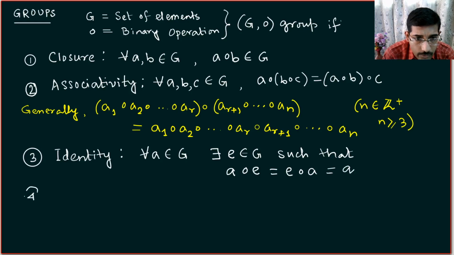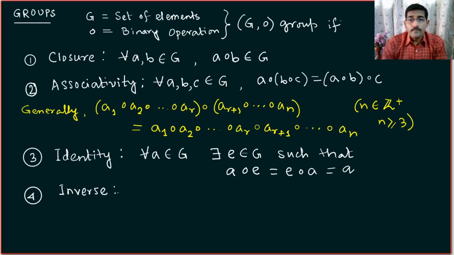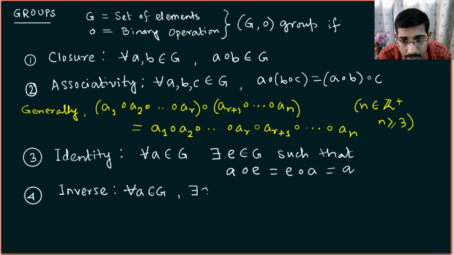The fourth property that we need is the existence of what we call the inverse element. The inverse element says that for all A belonging to G, there must exist an element, let's say X belonging to G. This element may not be unique, which we will try to prove later.